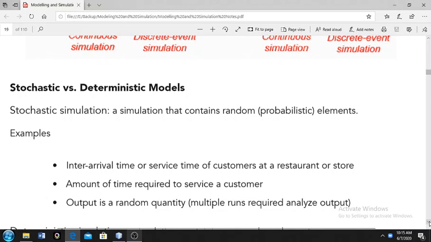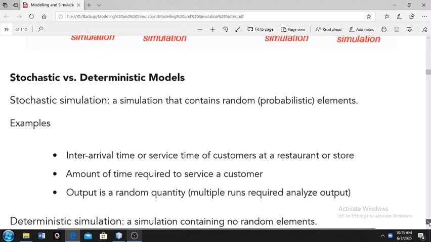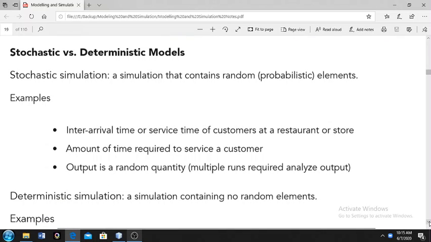For example, stochastic events: inter-arrival time or service time of customers at a restaurant or store, amount of time required to service a customer. So here the output is a random quantity.